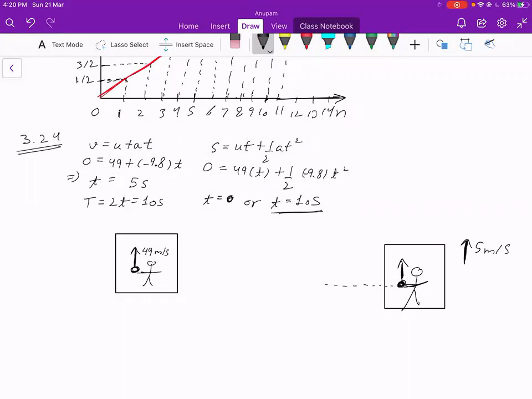By that time, the boy will also have moved up. Are you following? In the end, we want the ball to return to the boy's hands. If you throw the ball up, once it has left, when it comes back it will not reach the same point with respect to the ground. It will reach the boy's hand, who has himself moved upwards with the lift.